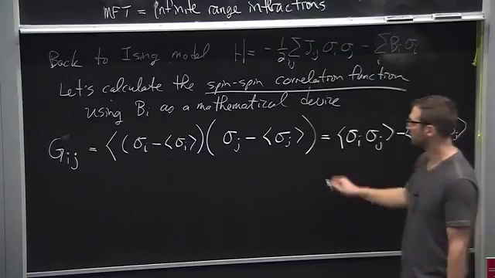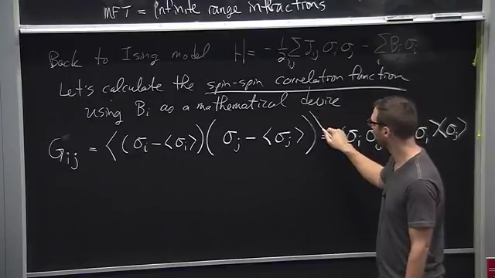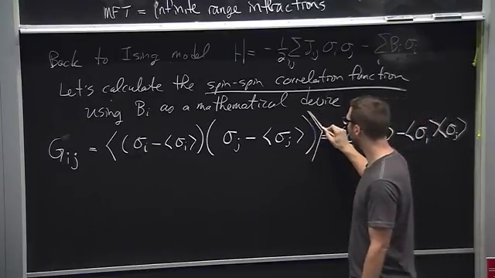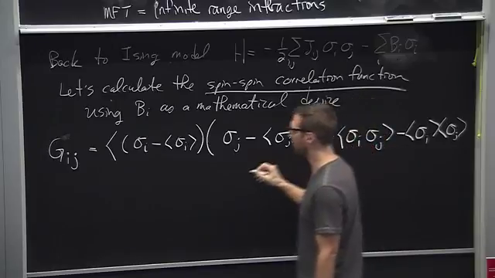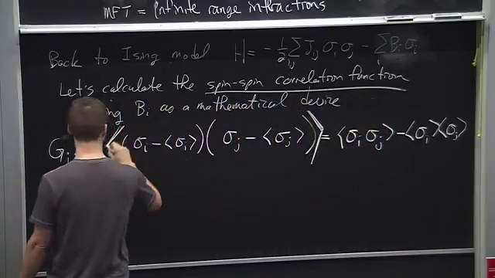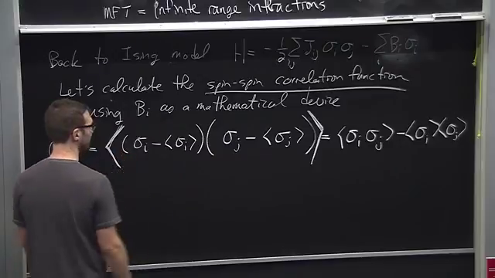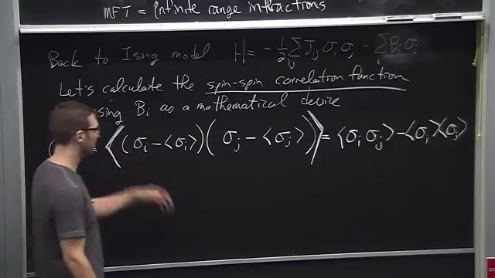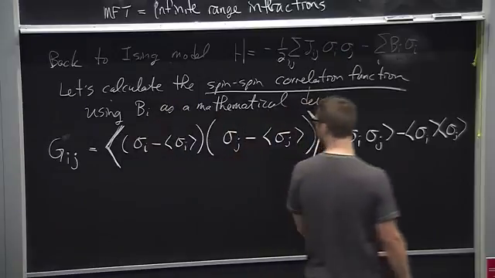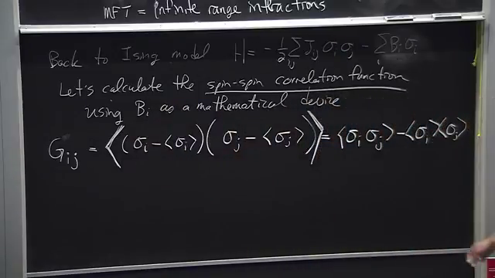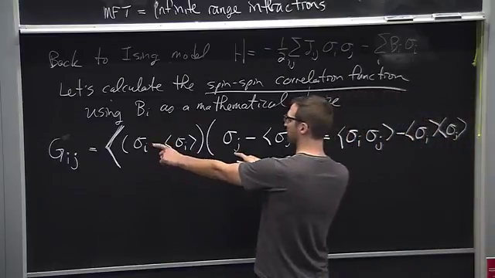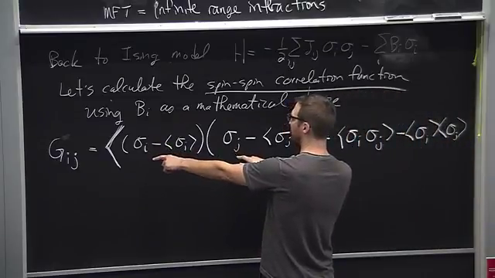Oh, I forgot a bracket here. Right, so these mean thermodynamic average, or trace, 1 over Z, sum of all states. The expectation value, I guess is what you call it. So when you have the expectation value, if you just multiply this out, you have sigma I, sigma J, right?